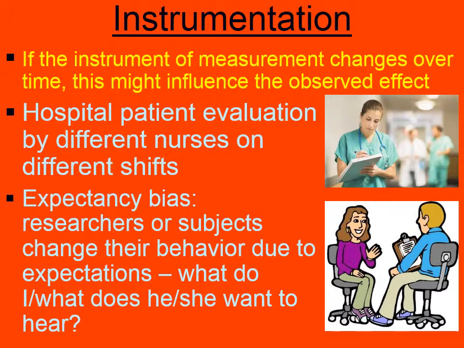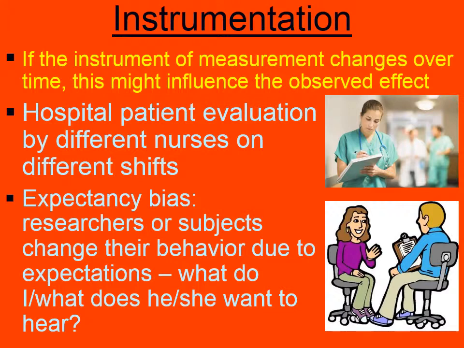Or there's the problem that we're going to talk about when we talk again about the battered woman syndrome research, where researchers might change their behavior toward research subjects, and subjects might change their behavior toward the researcher due to these same expectations.